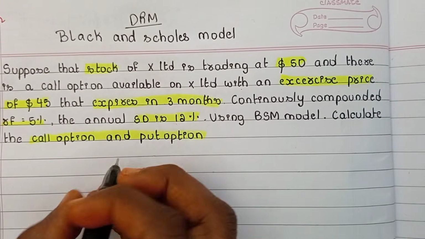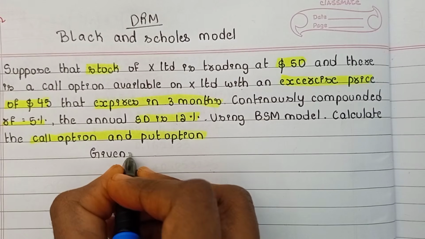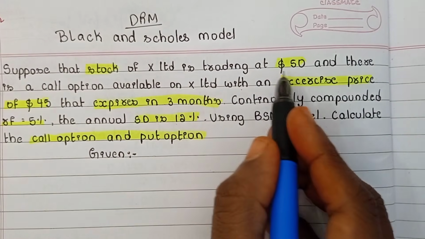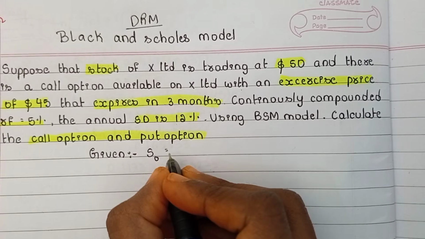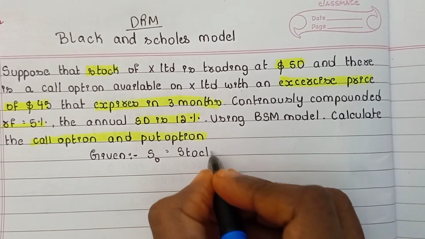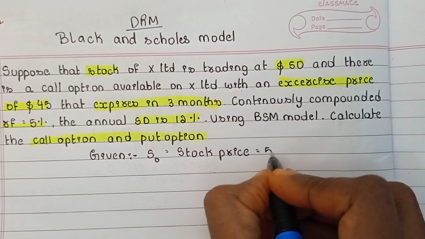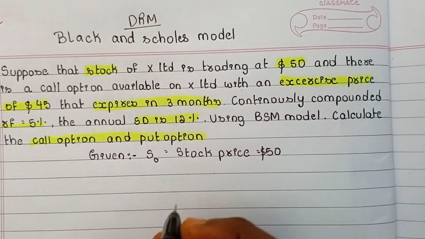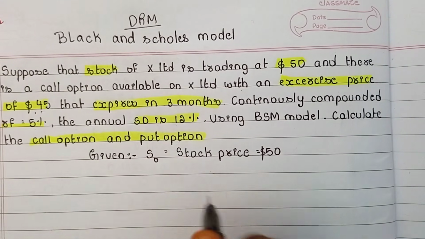So let's write what is given in the question. Given is stock price. Stock price is mentioned as S0. So S0 is called the current stock price, which is $50. And then exercise price of $45.